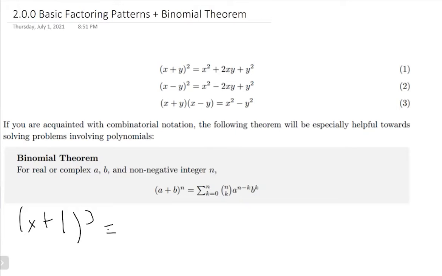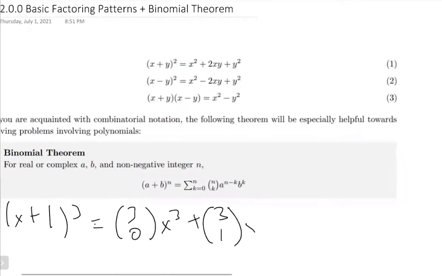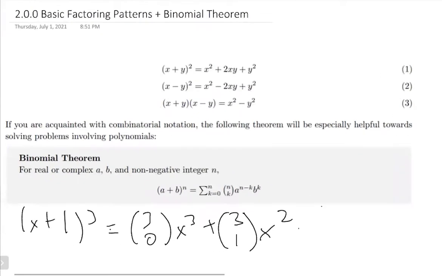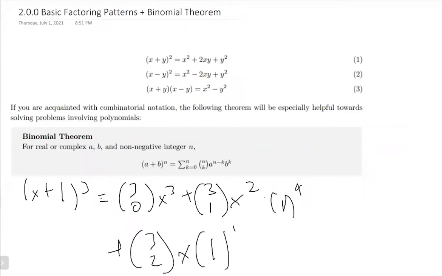So you have 3 choose 0 times x cubed plus 3 choose 1 times x squared times 1 to the first power plus 3 choose 2 times x times 1 to the second power, and then 3 choose 3 times 1 to the third power.